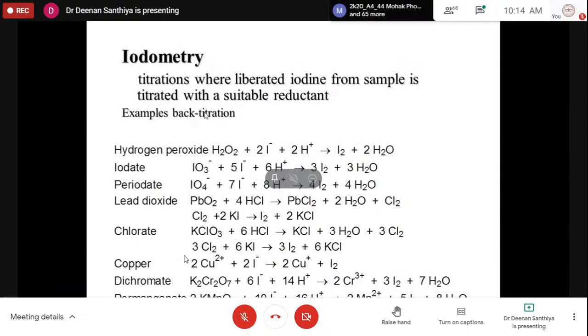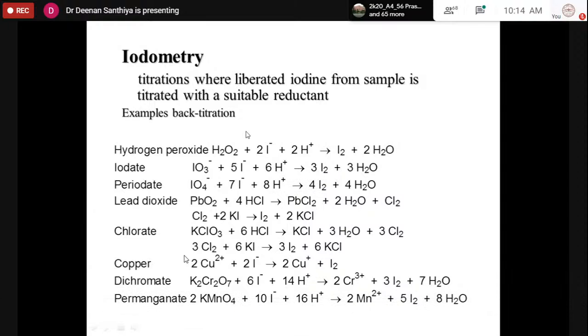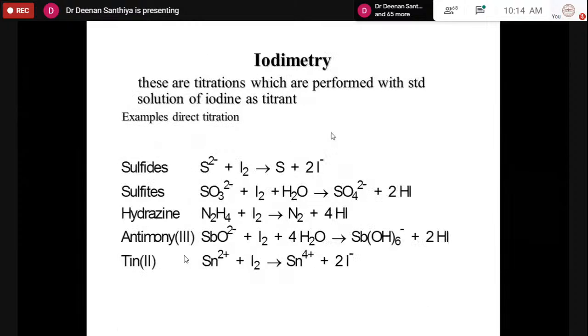The titrations are of liberated iodine. In iodometry, liberated iodine from the sample is titrated with the reductant, sodium thiosulfate. These are some examples. Any one of the examples you can remember. Iodimetry is a direct titration with sodium thiosulfate.